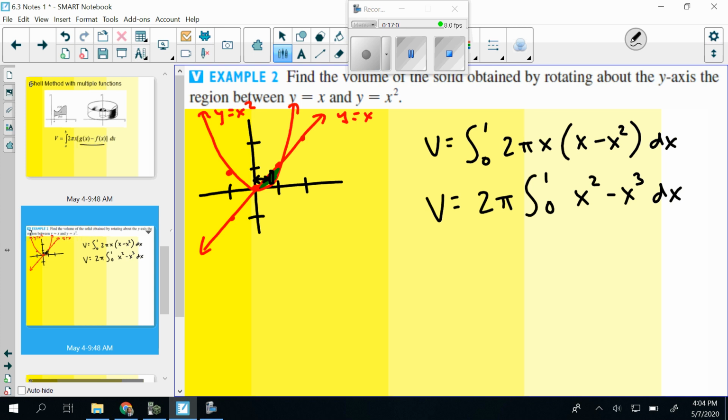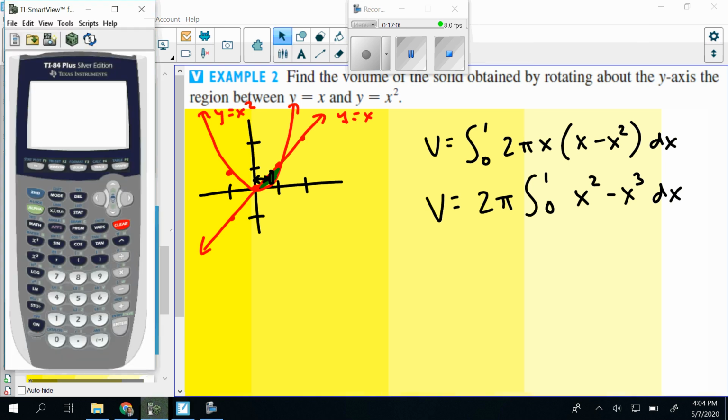So let's use the calculator. On this one, remember, you're going to want to hit your math. Find that integration one. Here we're going from 0 to 1. Type in our function here of x squared minus x to the 3rd power.